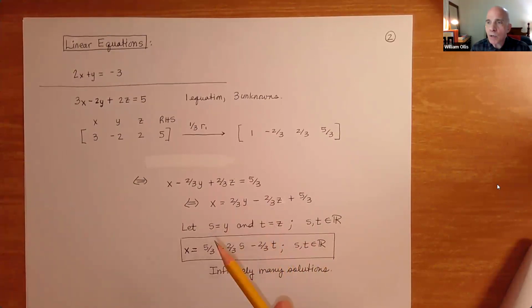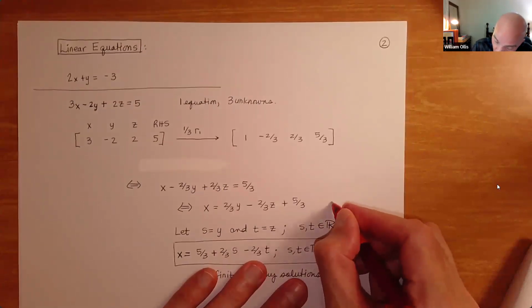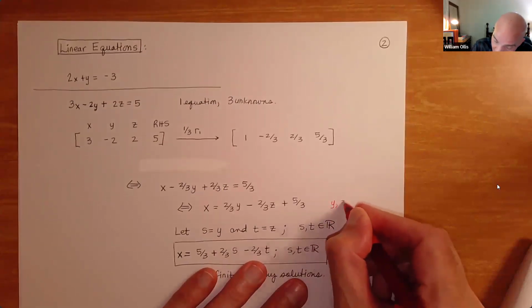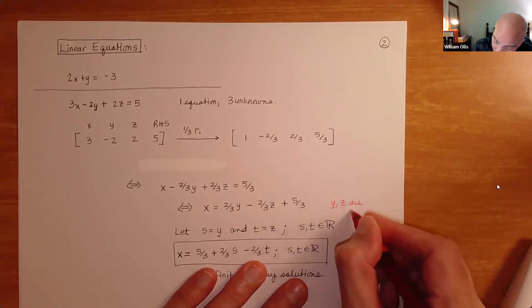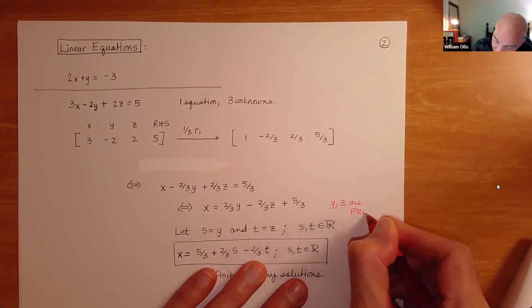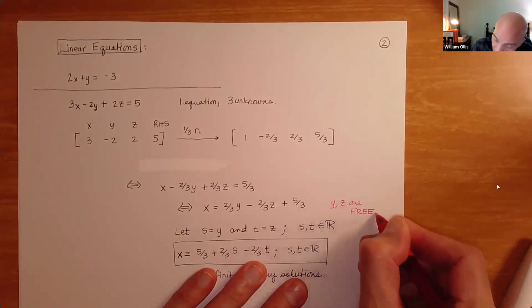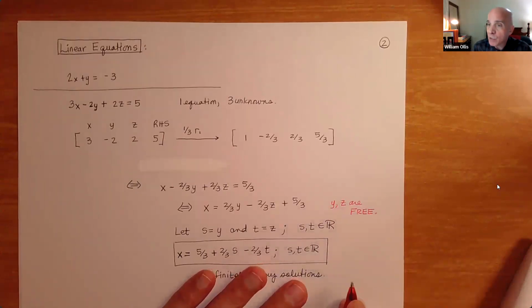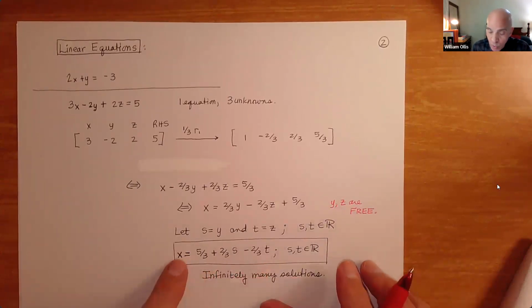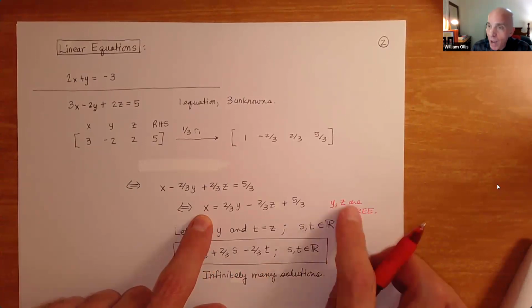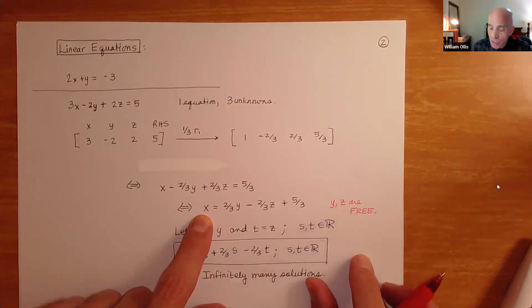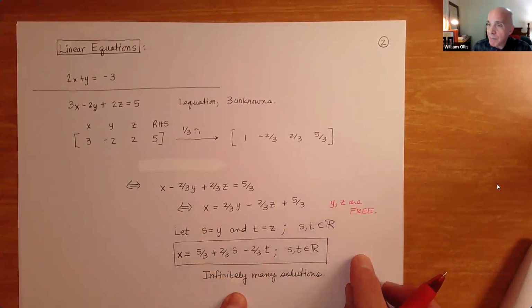What we see here is that the y and the z are variable. They're free, in that they can be assigned any value. So we would say here, y and z are free. What that means, ladies and gentlemen, is that they do not have specified values, and x will depend on y and z. So this will give you infinitely many solutions.